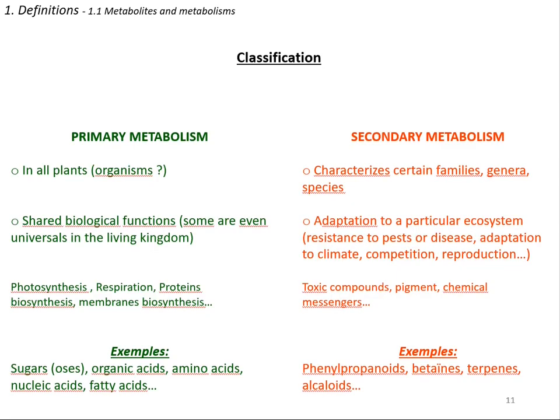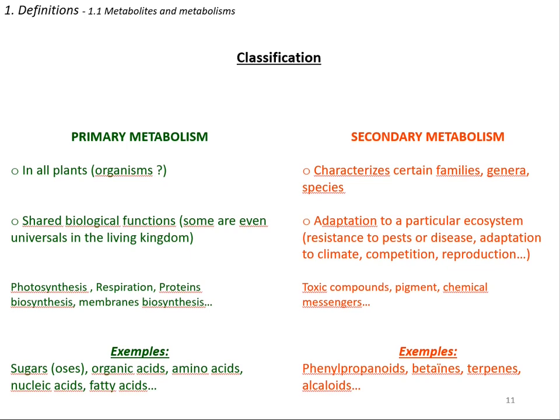We are used to classify metabolites into two categories. The first one is primary metabolism. By definition, it occurs in all plants, and many of them occur in all organisms, all known eukaryotic cells, for example. And these primary metabolites share biological function, some of them being universal in the living kingdom.